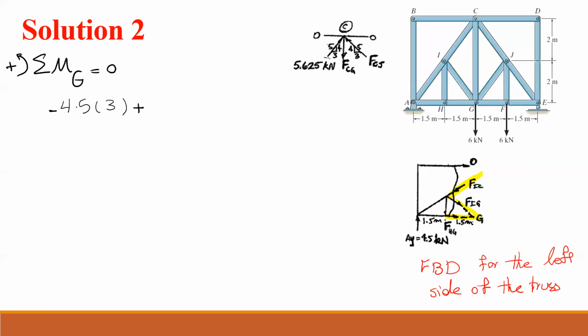Plus, I have a 6 kilonewton here. Let's see, what else do I have? FIC. There are two components for this one. Let me change the color. So I have this component and this component for FIC, right?